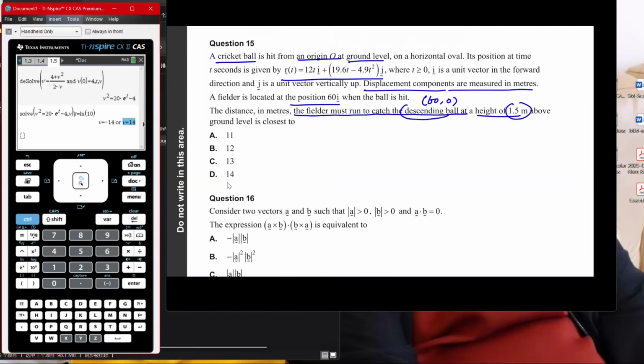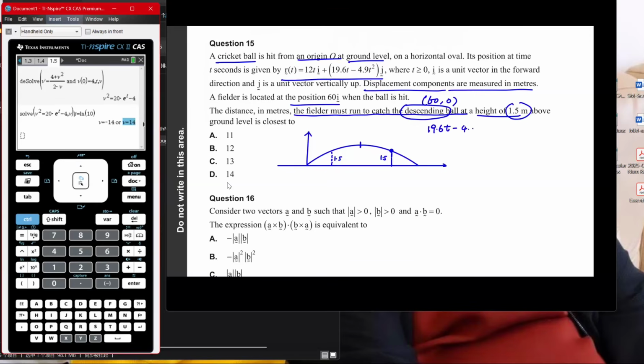The key word in the prompt is descending, because if you draw a diagram, this is the trajectory of the ball, and when it's ascending, it's before this turning point, 1.5. But if it's descending, you need to find the second time the ball will reach a height of 1.5.